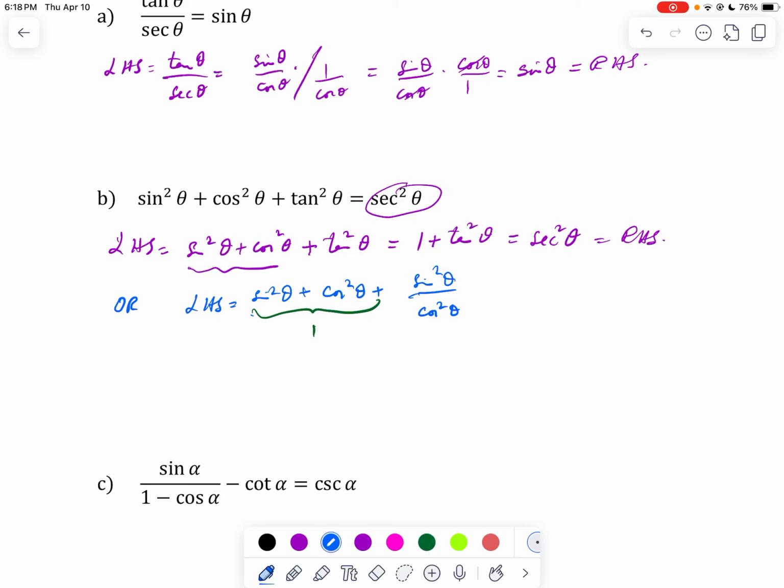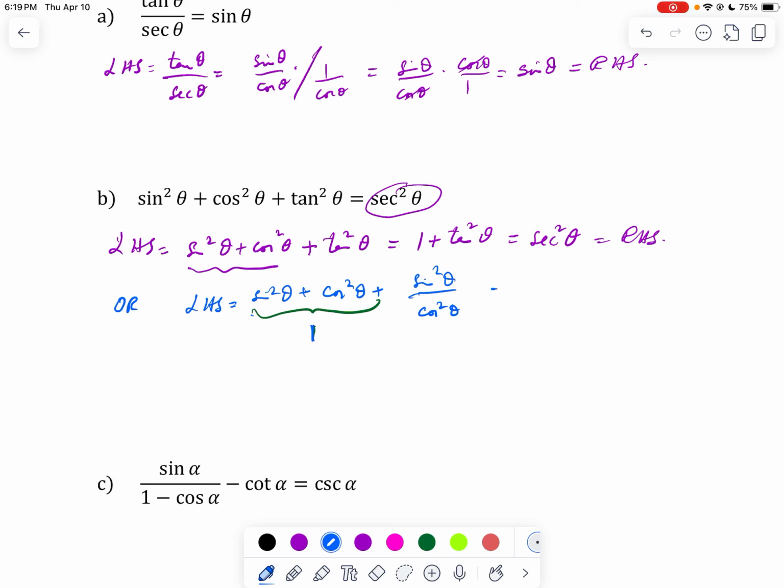So instead of simplifying, we'll make it more complicated. See, this is something that should come immediately: when you see sine square theta plus cosine square theta, it is 1.